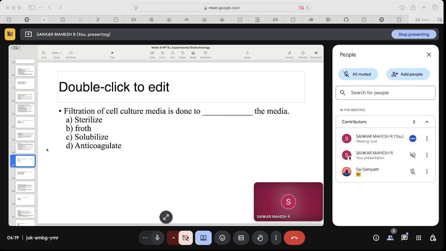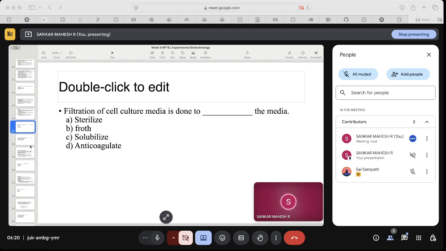To sterilize components, you can autoclave them, but when you autoclave them, most of the proteins or essential nutrients would denature. To prevent denaturation, instead of autoclaving, we just filter-sterilize and store it at lower temperature. So filtration of cell culture media is done to sterilize. Frothing, solubilizing, and anticoagulating cannot be achieved by filtration.